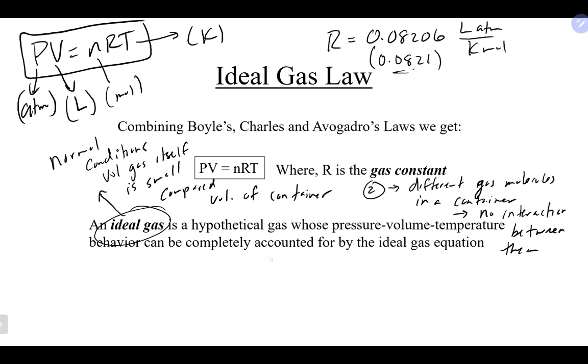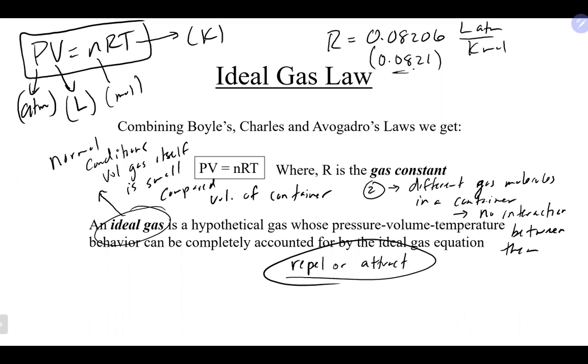What that means is, in normal cases, when molecules get near each other, they either repel or are attracted to one another. So in an ideal situation, even though there are multiple different gas molecules in the same container, there's really no attractive force, no repulsion force between them. You almost could think of those gases as being in the container by themselves. And that's what we deal with as we'll talk about partial pressures and stuff like that.